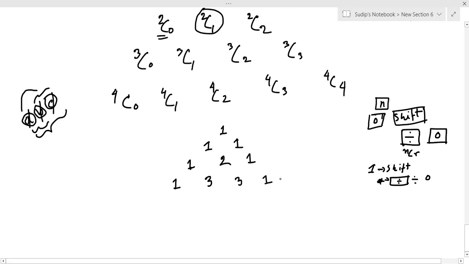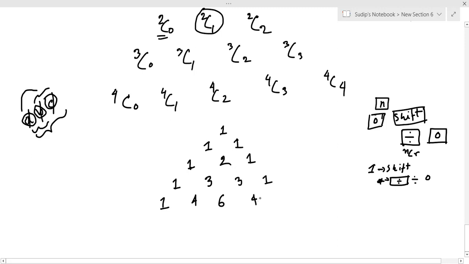And likewise 4C0 is equal to 1, and 4C1 is equal to 4, you have to take one ball from 4. And I have shown you, you have to take two balls from 4 balls, you have 6 ways. 3 balls from 4 balls, you have 4 ways.